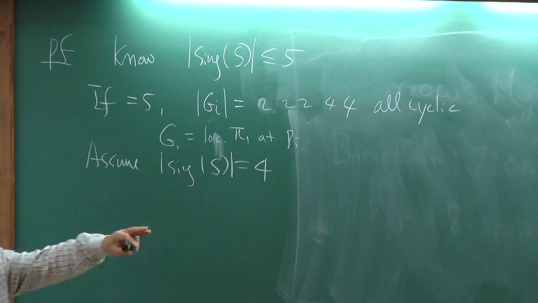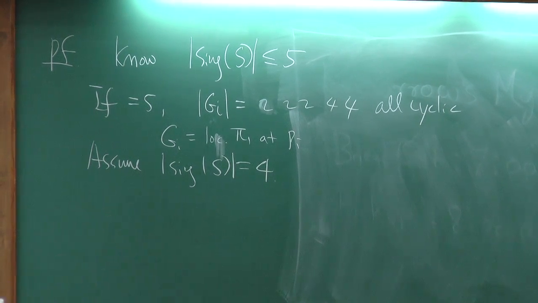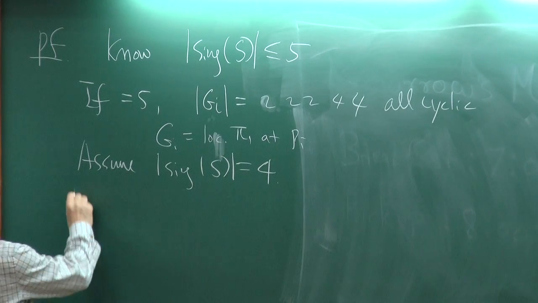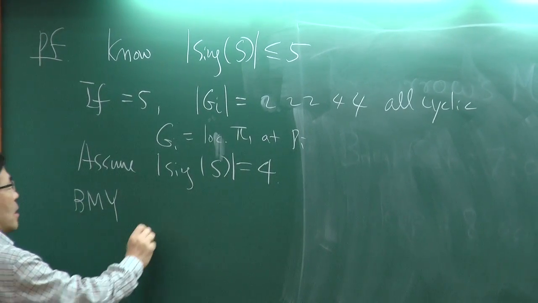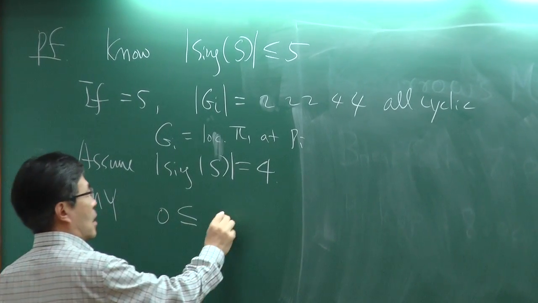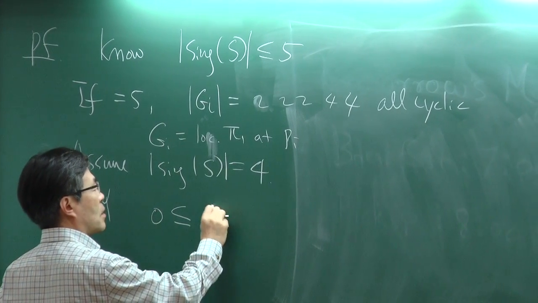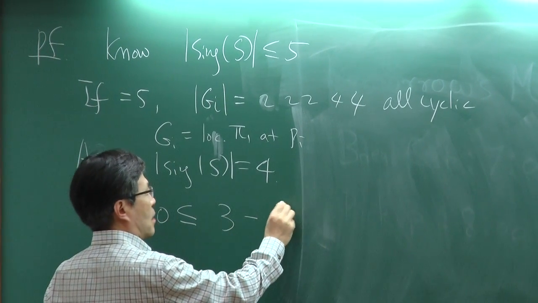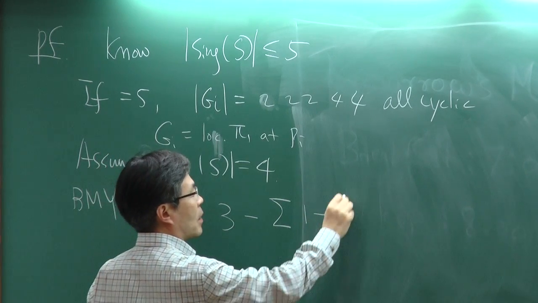And then the series reduction also comes from this BMY inequality, which involves the Euler number of 3 minus sigma 1 minus.